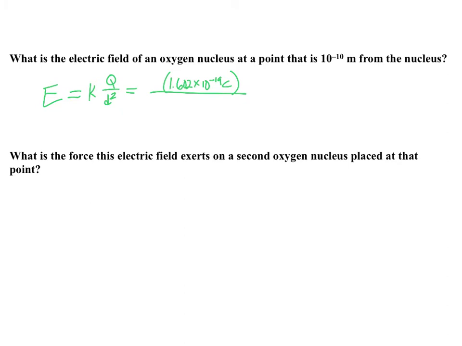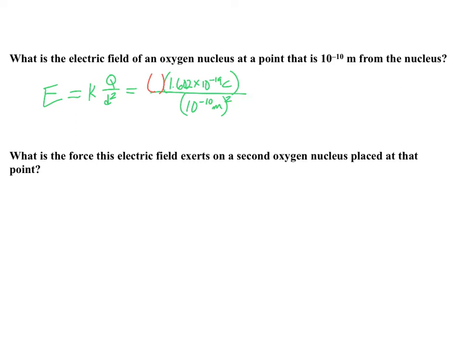I'm going to write this, and then I'm going to say something. What goes out in front of that? Realize that 1.602 times 10 to the minus 19 is fundamental charge units.